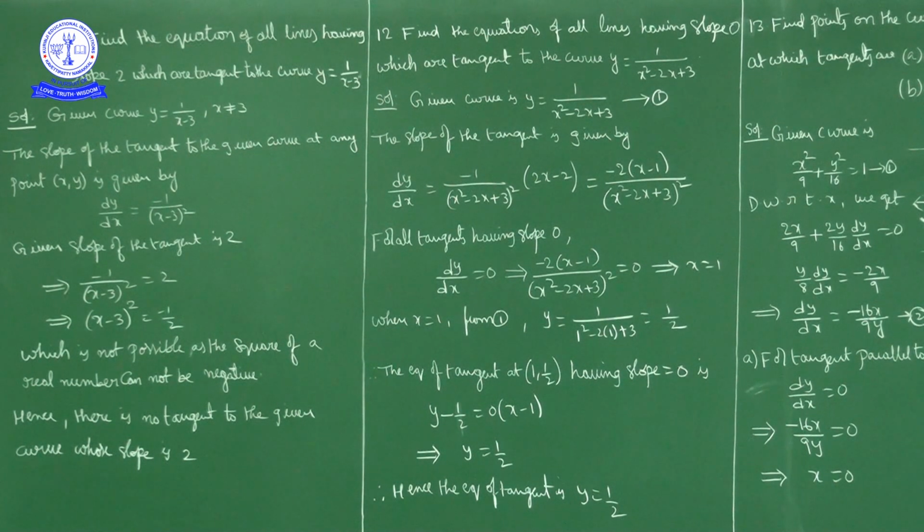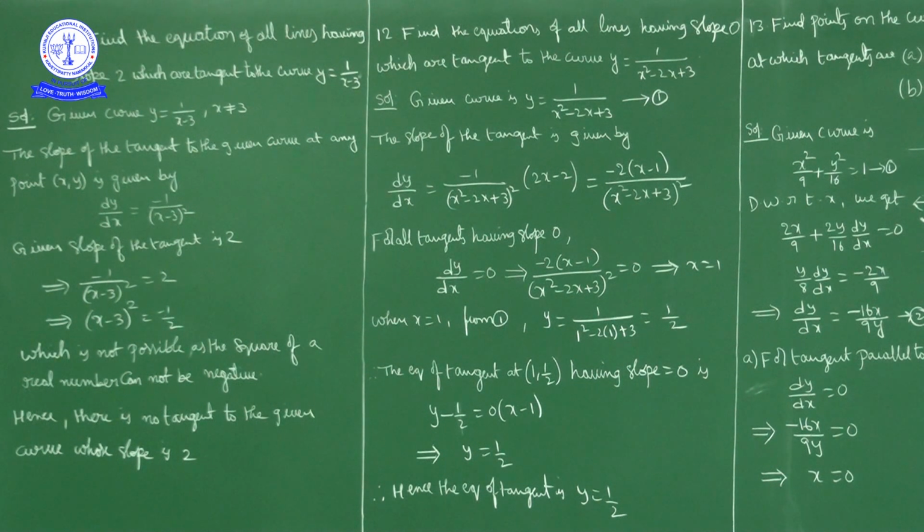So y is equal to 1 upon x minus 3, and the derivative dy by dx is minus 1 by x minus 3 whole square. This is the slope of the tangent to the curve y is equal to 1 upon x minus 3.